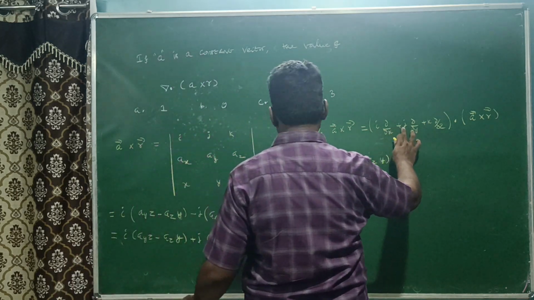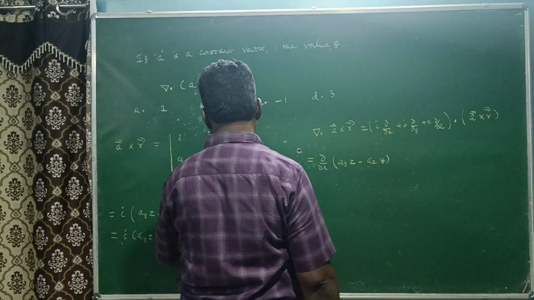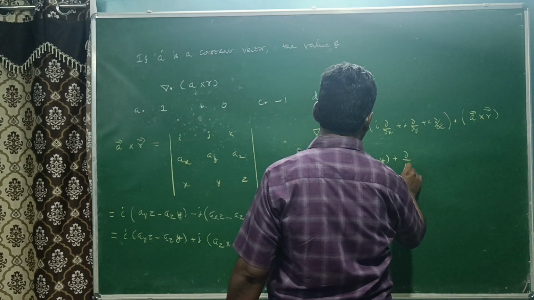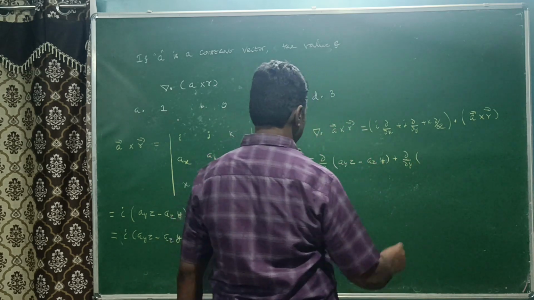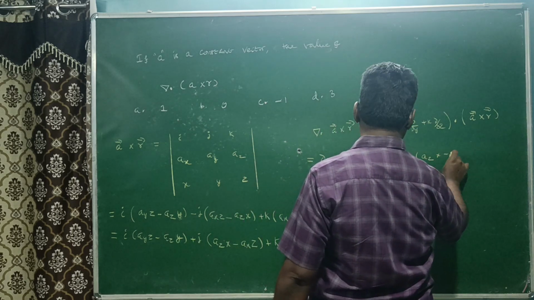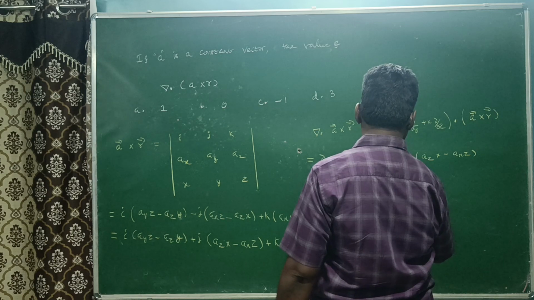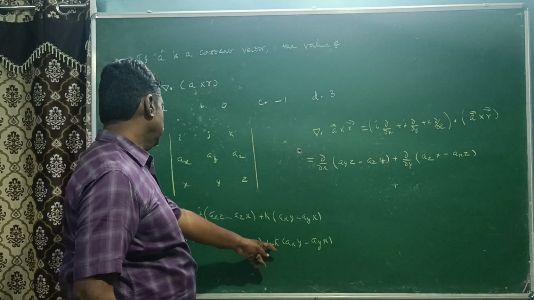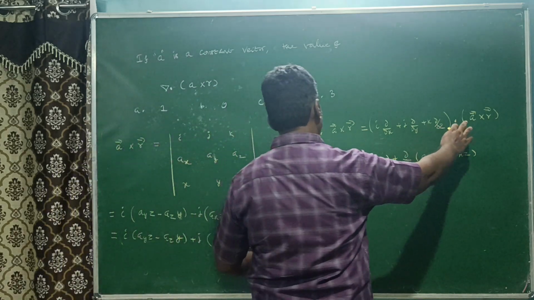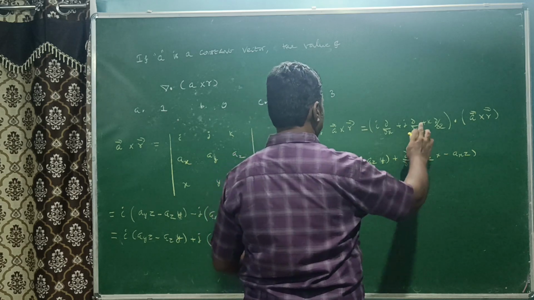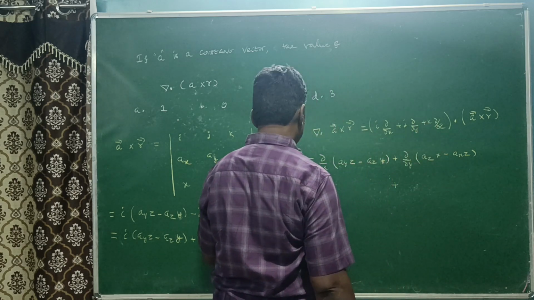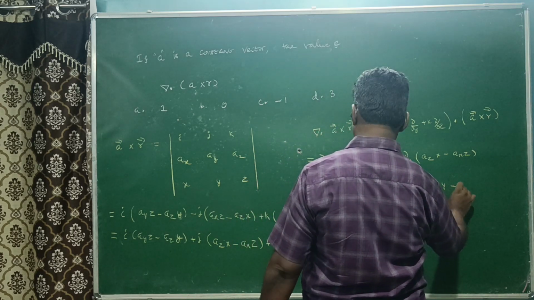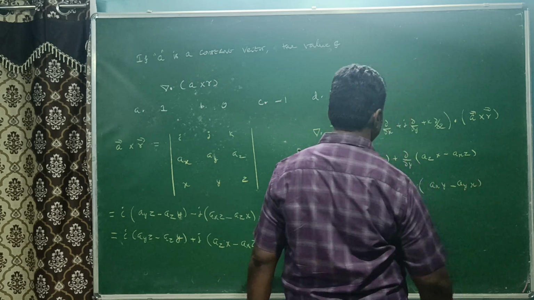Then j dot j is 1, therefore plus ∂/∂y of (Az x minus Ax z), plus k dot k is 1, so ∂/∂z of (Ax y minus Ay x).